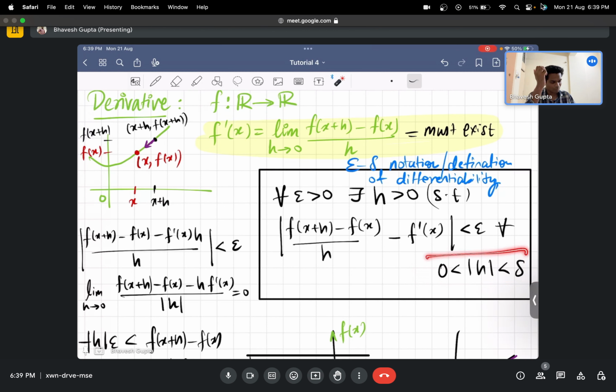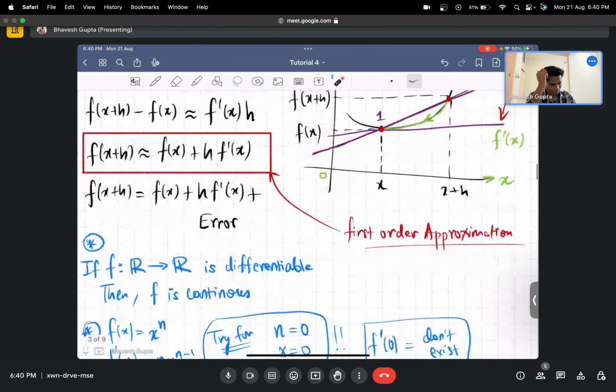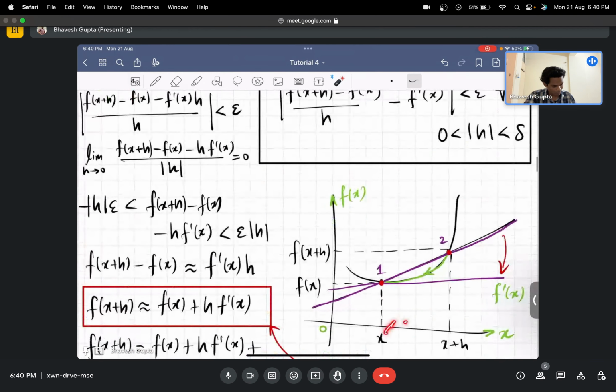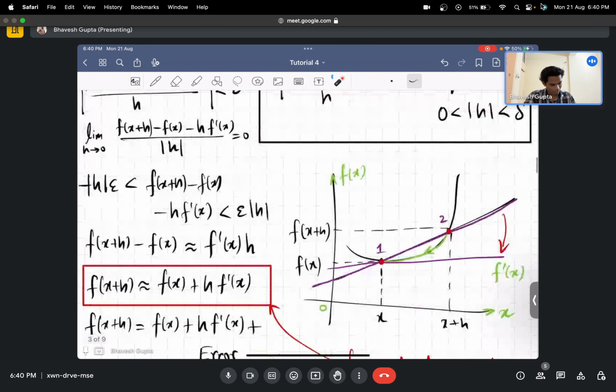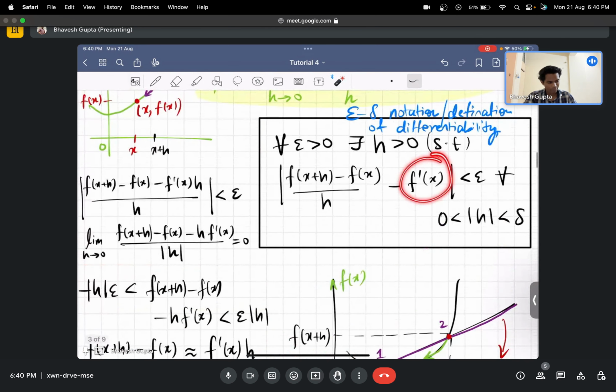So this is what tells you my neighborhood. This is my neighborhood around this interval over here. And this idea captures the neighborhood around this particular limit, and the neighborhood is characterized in terms of this epsilon. That's the idea.